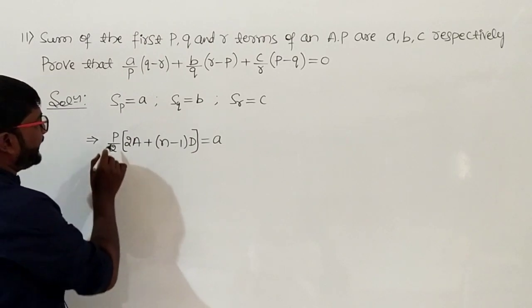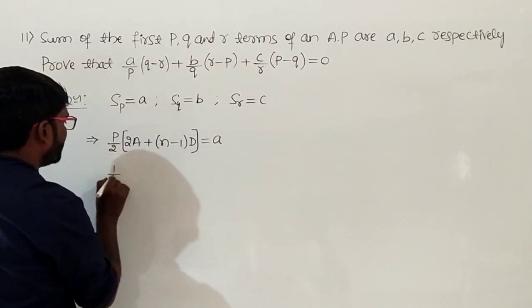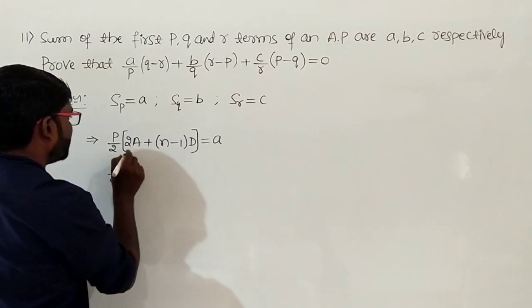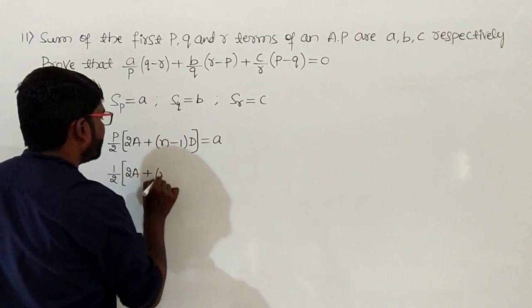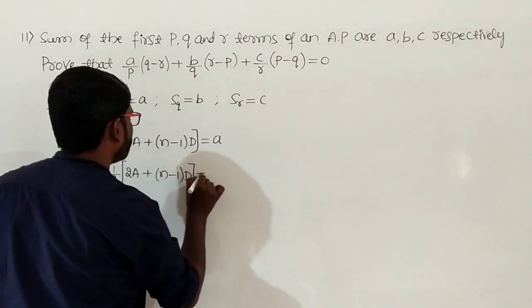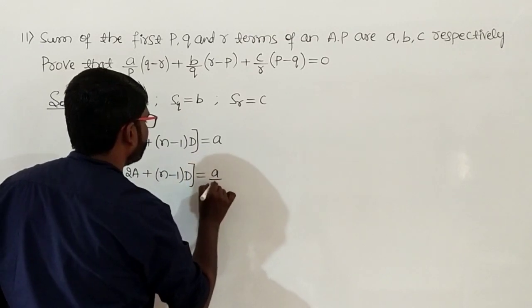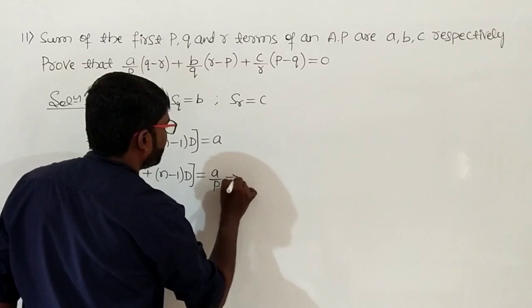Now I take p to the RHS, it goes to the denominator. So 1 by 2 into 2A plus p minus 1 into D equals a by p. Let us call this equation number 1.